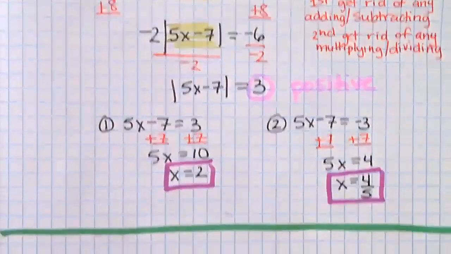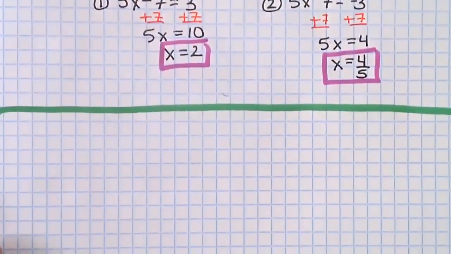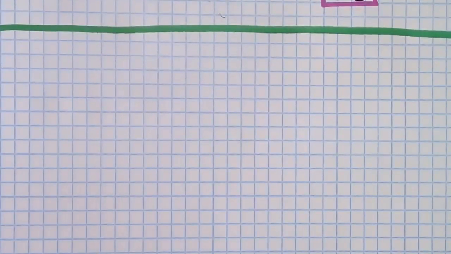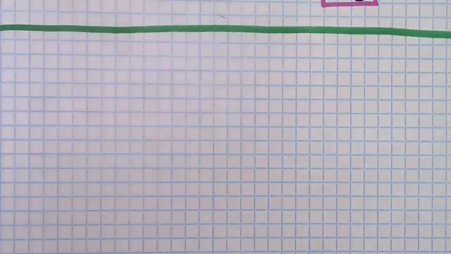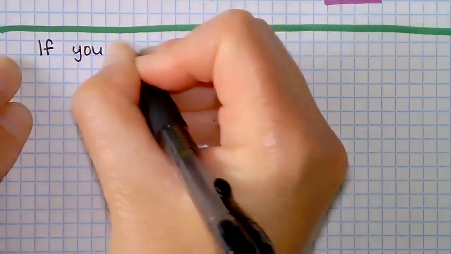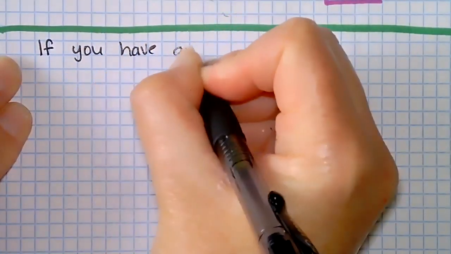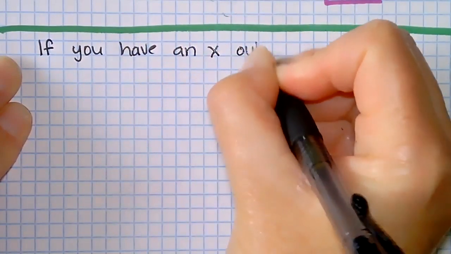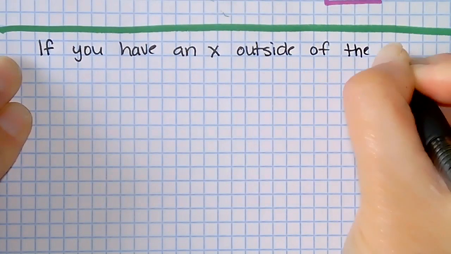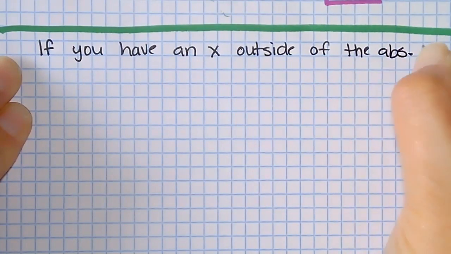So I'm going to draw a little line just to kind of split this up. And now what I'm going to do is go over one where you have an x outside of the absolute value. I'm going to abbreviate absolute value.